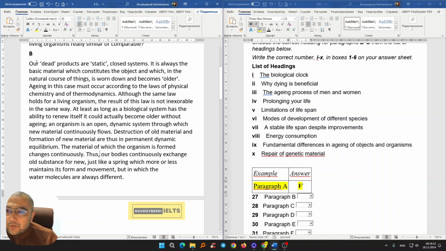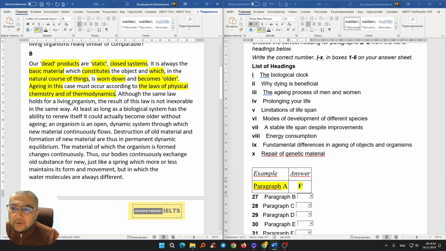All right, our dead products are static closed systems. It's always the basic material which constitutes the object and which in the natural course of things is worn down and becomes older. Aging in this case must occur according to the laws of physical chemistry and of thermodynamics.